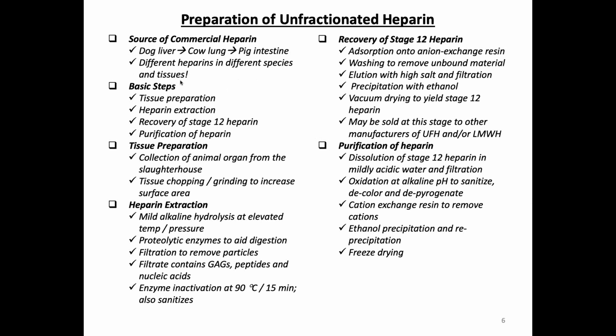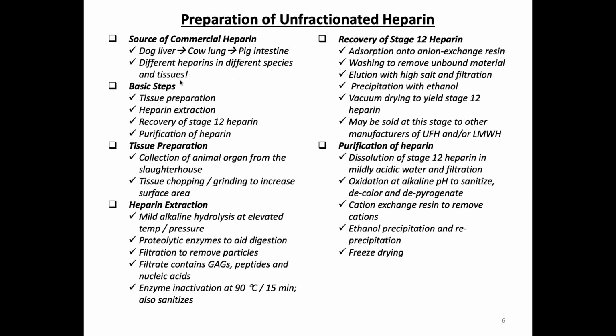And then you remove the proteins that are present in that mix. You chop it down into smaller species. Then there might be some particles in it, so you filter it. And at this point, whatever is filtered actually contains glycosaminoglycans, of which heparin is one.